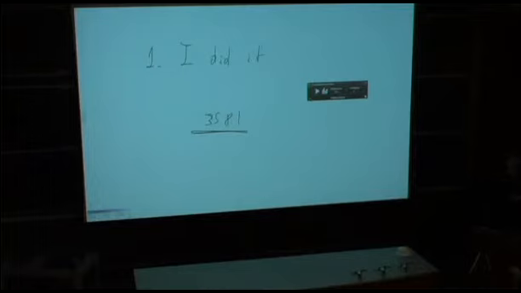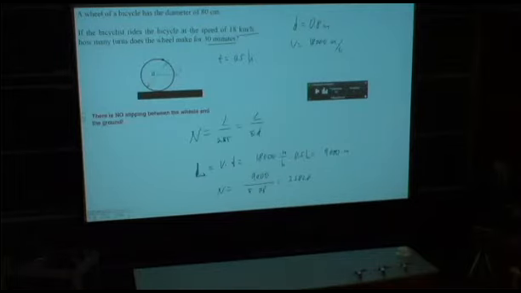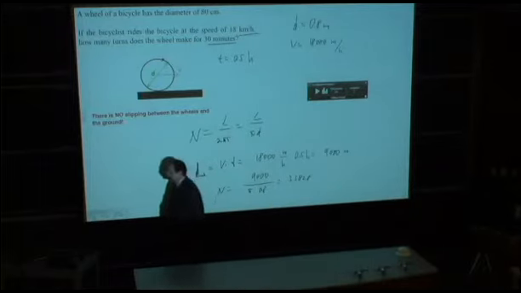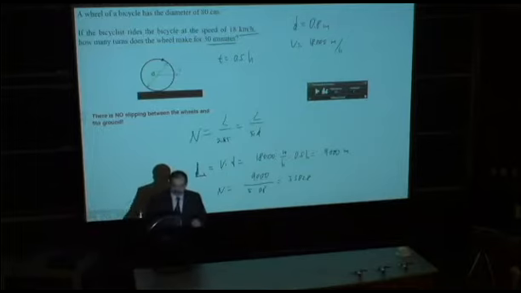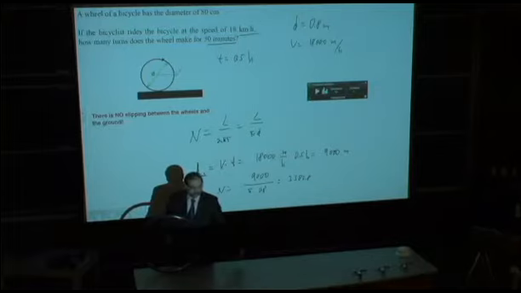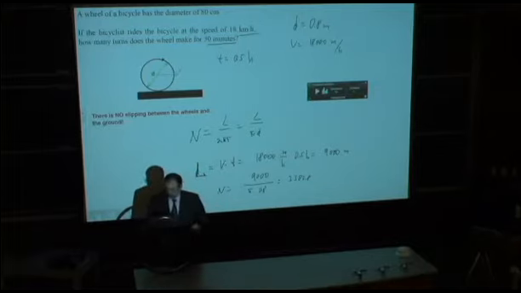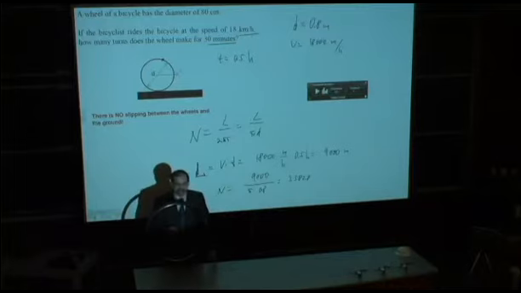Well, there again, that's a physics problem. In physics, every problem can be solved using different approaches. The final number will be the same. So what I did, I used the fact that the distance traveled by the center of this wheel will be equal to the distance traveled by any single point about the axis.